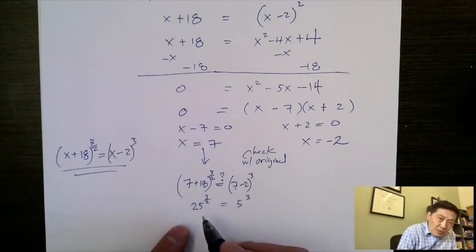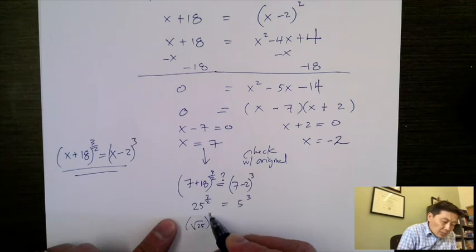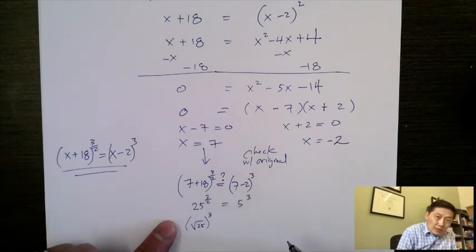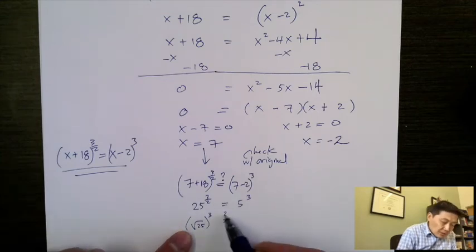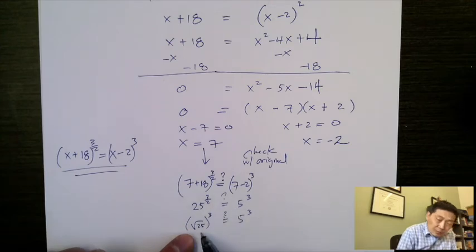So this is essentially the square root of 25, to the 3rd power. So, question mark, 5 to the 3rd power. The square root of 25 is 5, so 5 to the 3rd power. Well, 5 to the 3rd power is indeed 5 to the 3rd power, which is 125.